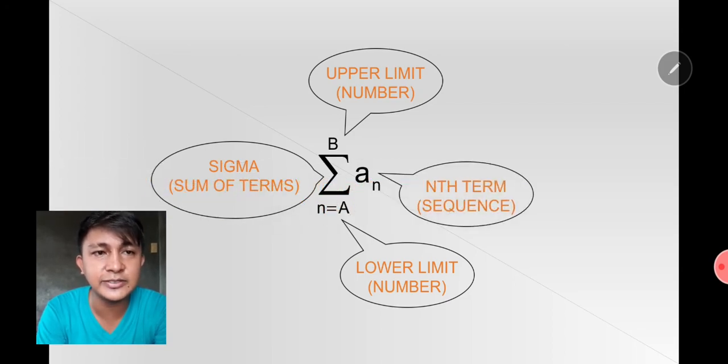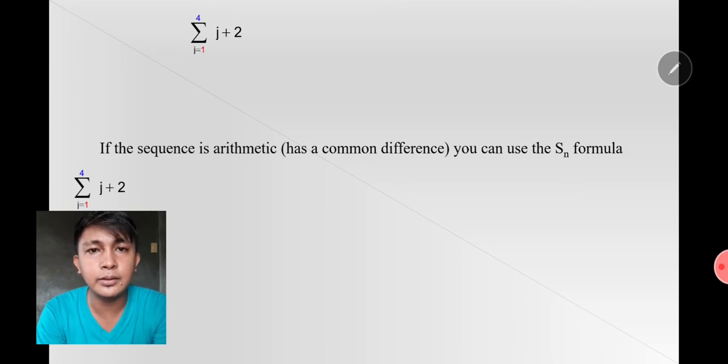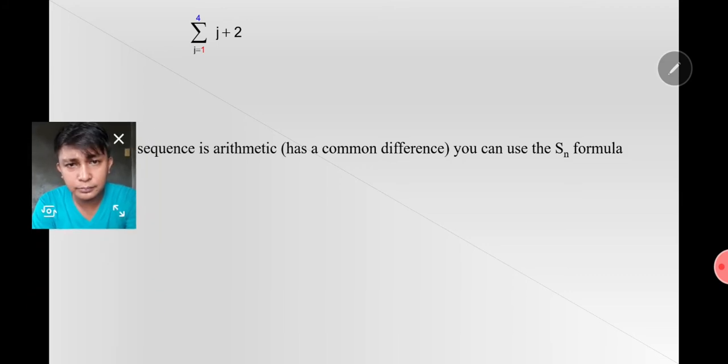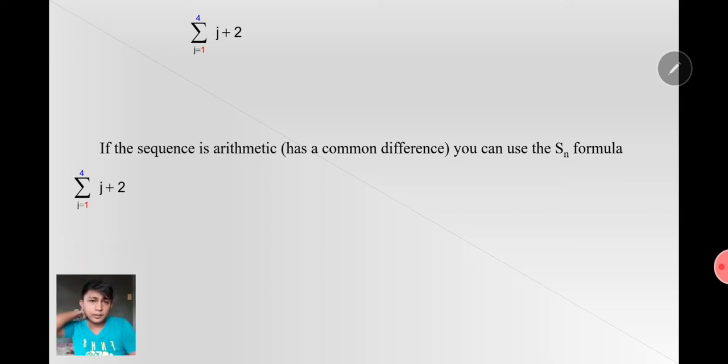So we have the parts. So if the sequence is arithmetic, kapag ang sequence ay arithmetic at may common difference, of course, kasi nga arithmetic, you can use the S sub n formula. Yung S sub n is equal to n over 2 times a sub 1 plus a sub n. Okay, we have examples.